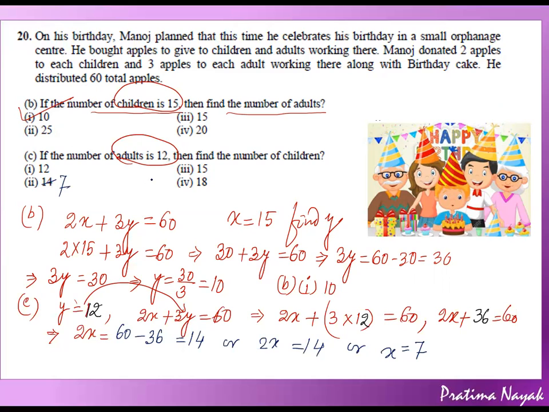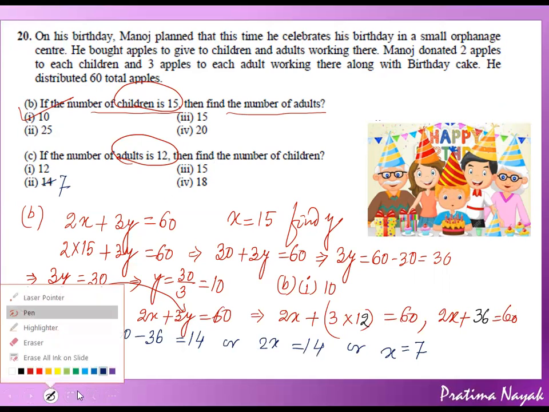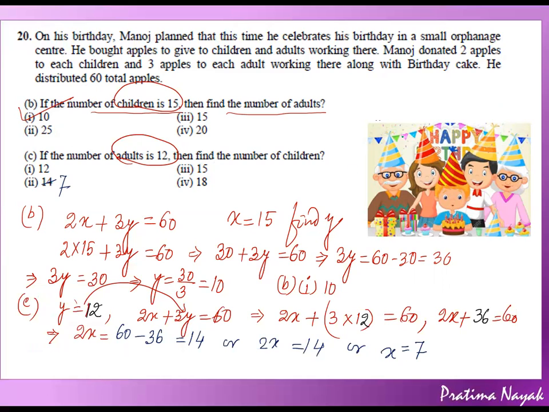Because if we take this equation, I'm verifying why I'm saying it is 7, why not 14 or any other option. I'm showing how to check the answer. The equation was 2x plus 3y is equal to 60.